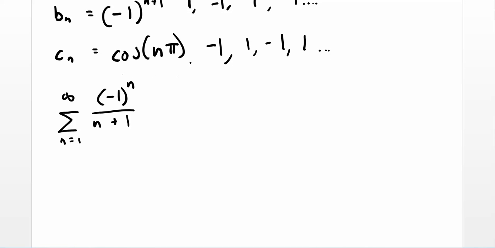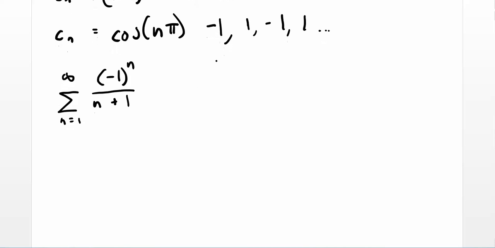So the way you test alternating series for convergence is you test first if it's absolutely convergent. We'll write a little flowchart here.